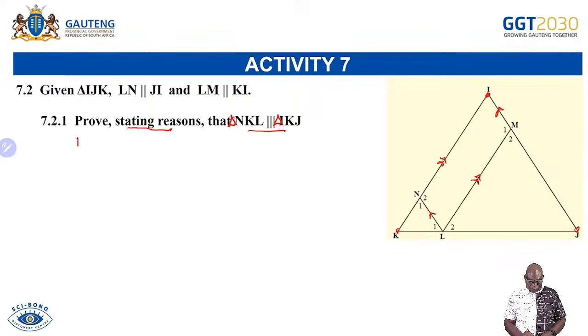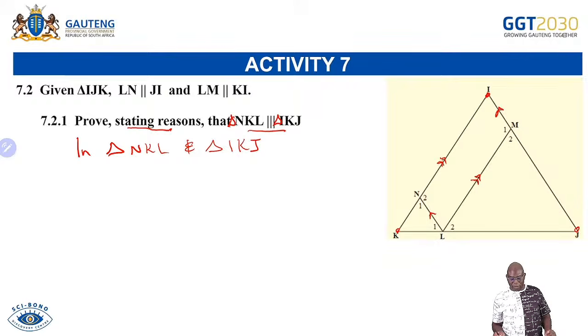So I must say, in triangle NKL and triangle IKJ. Look at this. First of all, I must shade the triangles. But please do not use your highlighter in your answer book. Very important. Shade them there. Just shade them, pencil, whatever, in different colors.